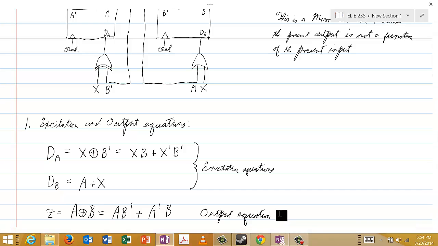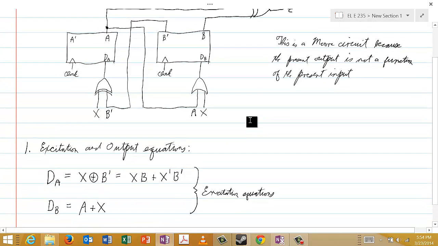That's one comment. Another comment is to note that Z, our output in this case, depends only on the states of the flip-flops. It depends on A, A prime, B, and B prime, but it does not explicitly depend on the input X.